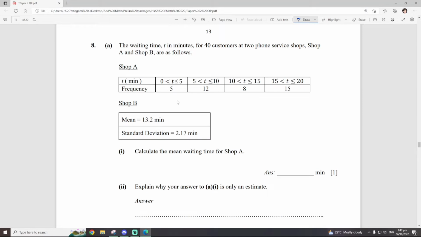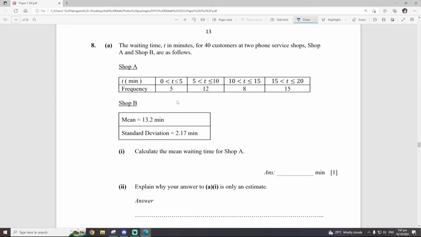Because you can take the time for 1, 2, 3, 4, 5, if you're counting it as a discrete variable. Then for the class intervals, it makes sense to split them into minutes. There's strictly 5 per class interval, so the middle one will be 3.